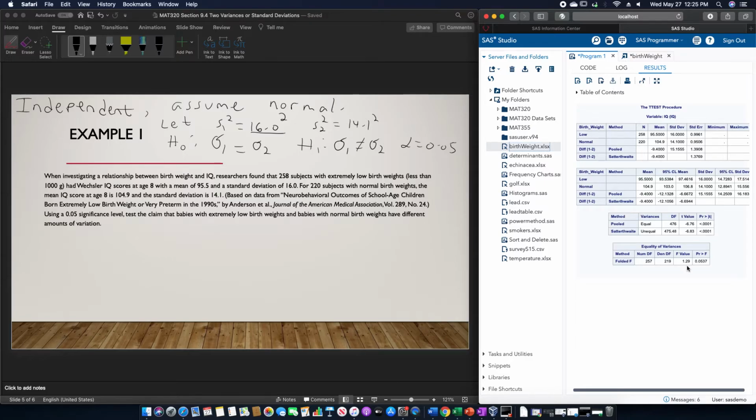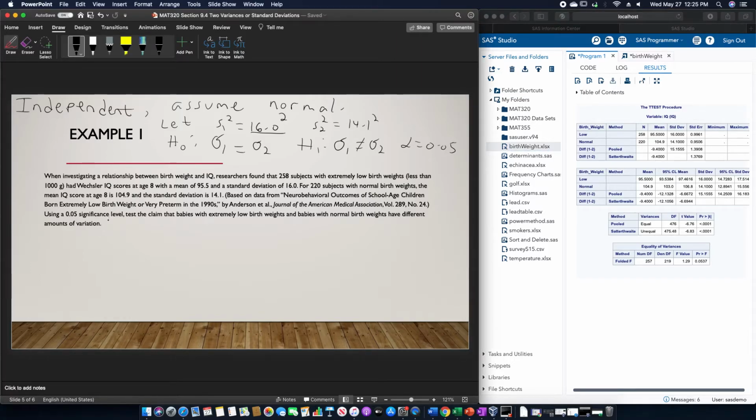We want the equality of variances section down here, which will give us an F value. It'll give us an F value of 1.29 and a probability here of 0.0537. So let me write that out very quickly.